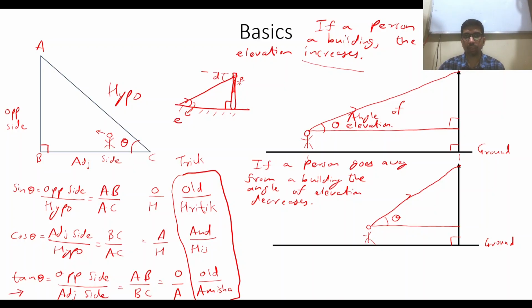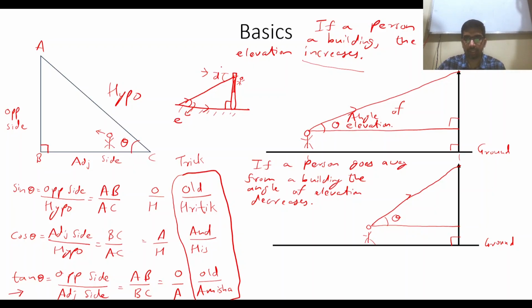So a person at the ground looking at top of the building, that angle is called as angle of elevation, and a person at top looking at bottom, that angle is called as angle of depression. To make angle of depression, make a line parallel to ground and then draw this angle. So if you can see, this line and this line are parallel, you can see that there's a Z symbol.